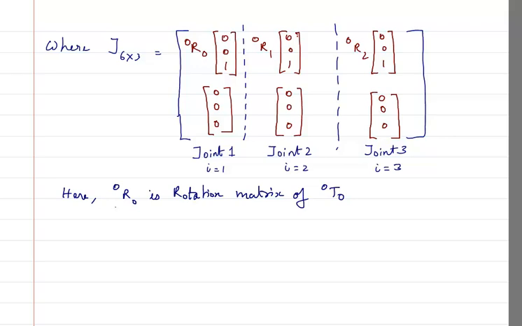Similarly, 0 R1 is the rotation matrix of 0 T1. Similarly, 0 R2 is the rotation matrix of 0 T2. Now, what is basically 0 T0?